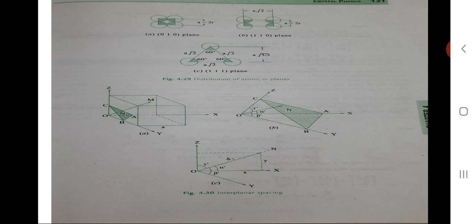Now cos of alpha dash is equal to d2 upon OA dash, cos of beta dash is equal to d2 upon OB dash, cos of gamma dash is equal to d2 upon OC dash.